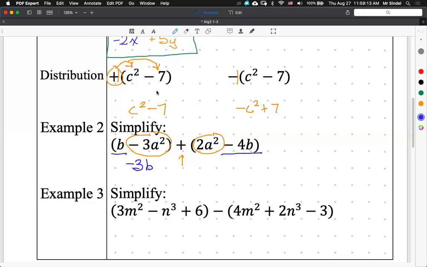And then I'll call in someone else. Who have I not heard from? Jessica, go for it. So am I gonna simplify or add like terms for 2a squared? Yeah, the 2a squared and -3a squared, those add up to what?